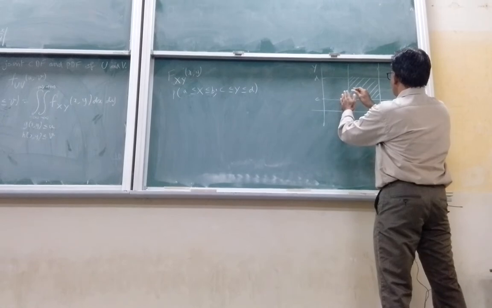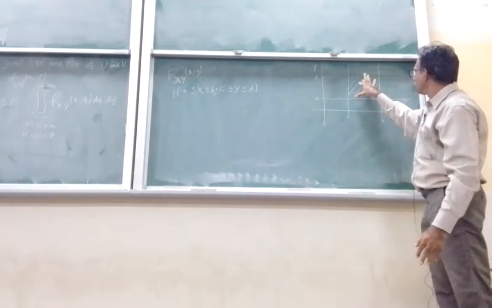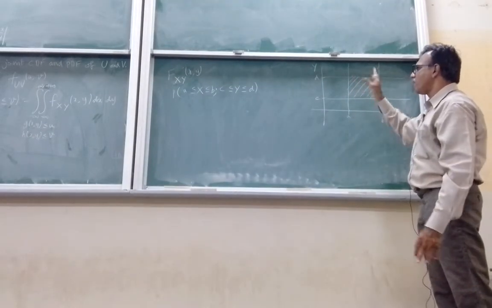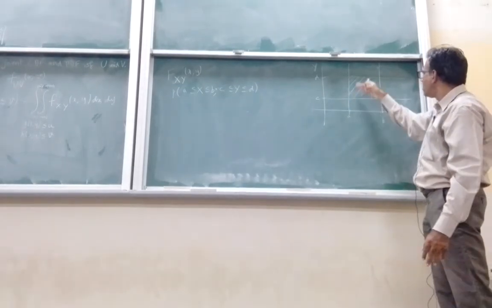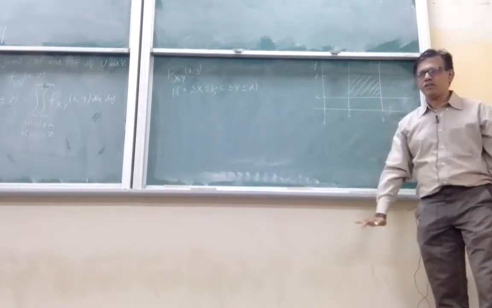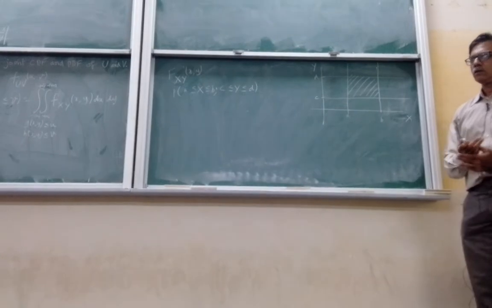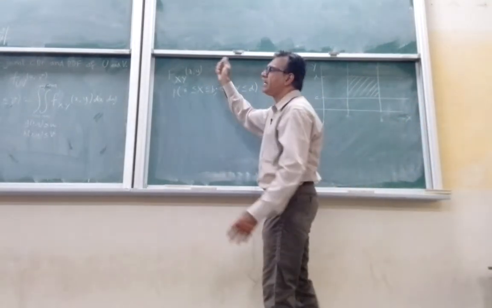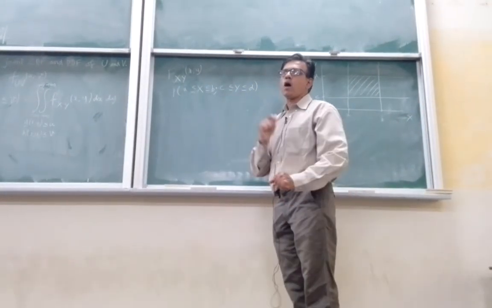The probability that the random variables x and y together take any value in this shaded region is what we are looking for. But you know this joint CDF only. From that, how do we find it?